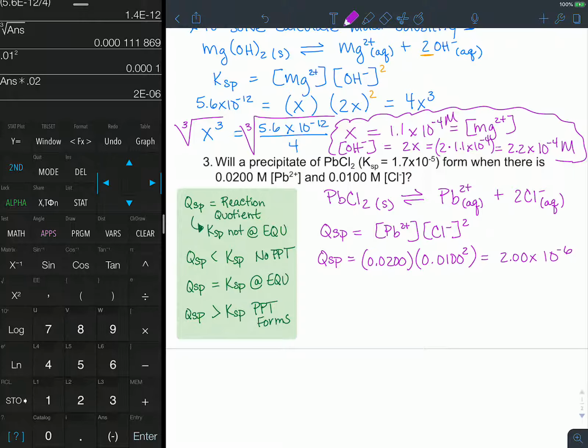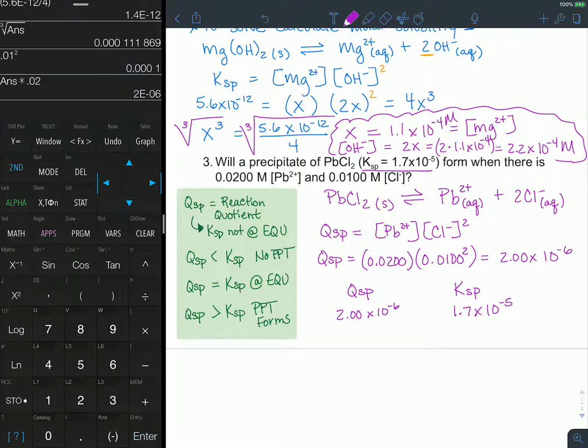Okay. Is that greater than or less than the actual KSP? We see our actual value is right up here, and so we can evaluate that. So QSP is 2 times 10 to the negative 6th, and KSP is 1.7 times 10 to the negative 5th.